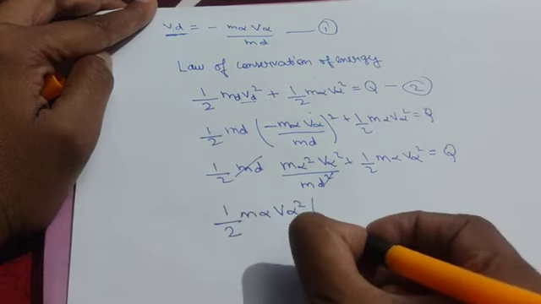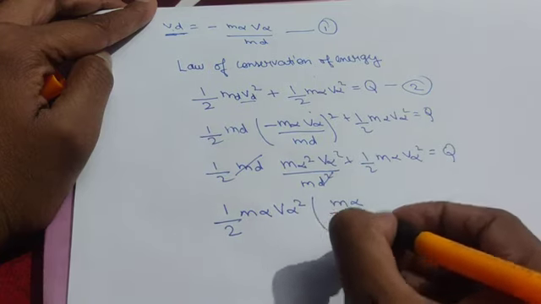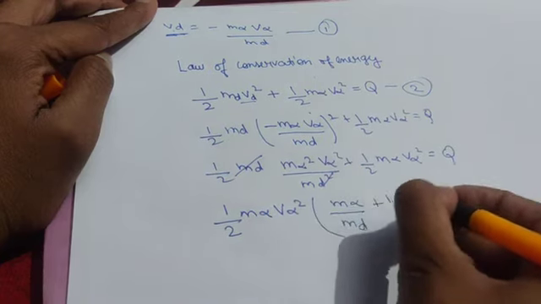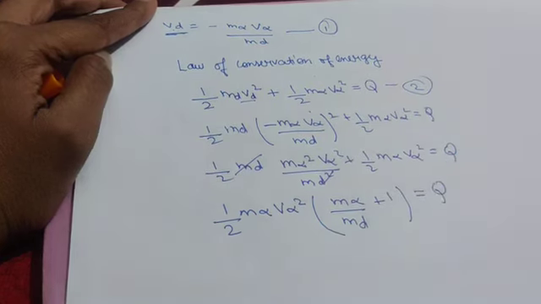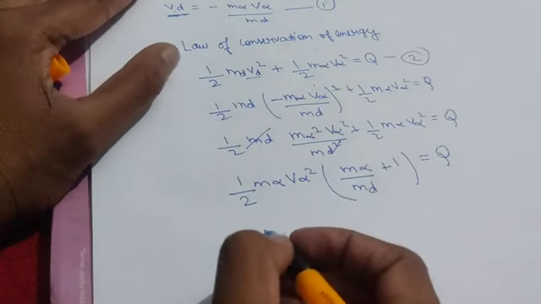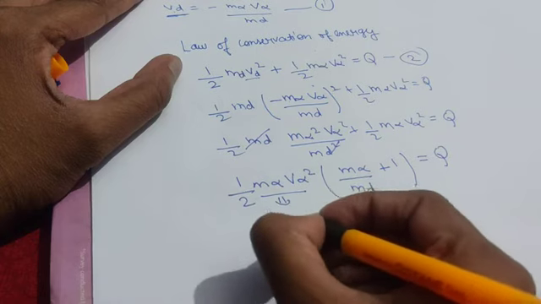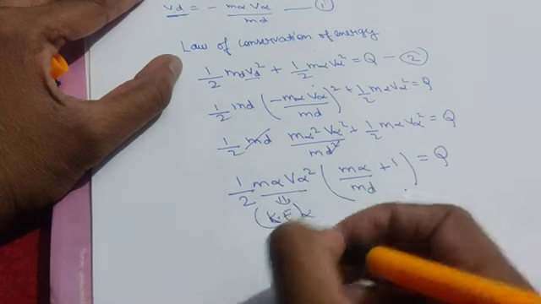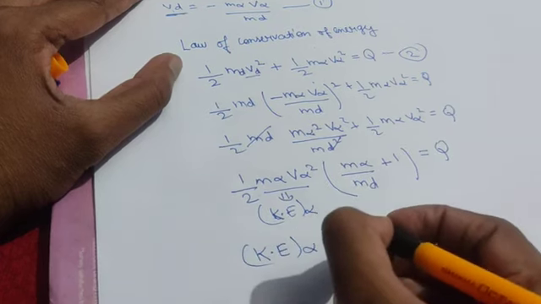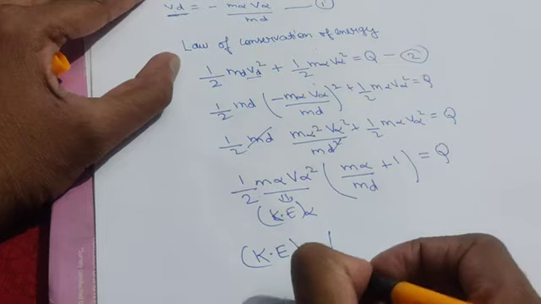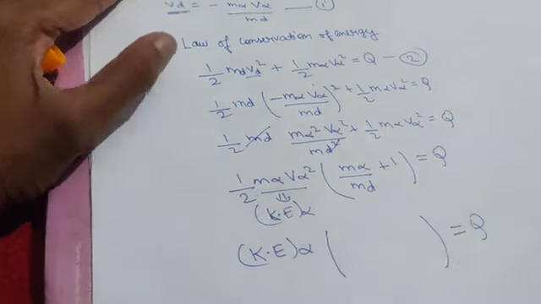We're left with m alpha divided by md plus 1, equal to Q. We can term half m alpha v alpha square as the kinetic energy of alpha, KE alpha.